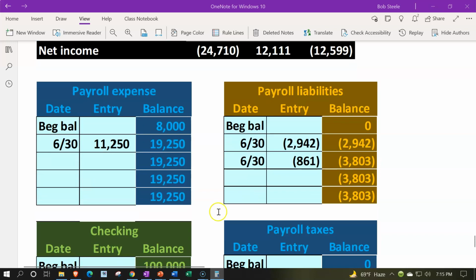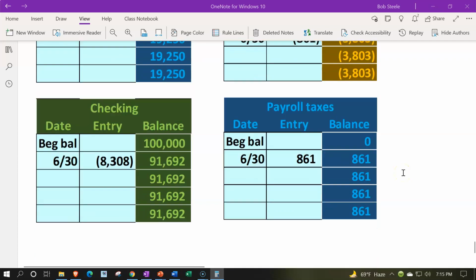Let's see it in detail with the GL. Payroll goes up. The payroll expense goes up from 8,000 by that 11,250, the full amount of the wages gross to the 19,250. The payroll liabilities went from 0 up by 2,942 for the employee portion that we took from them, and by the 861, the employer portion, getting us to that 8,308 on the GL.